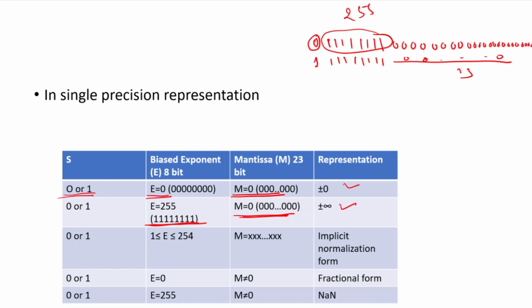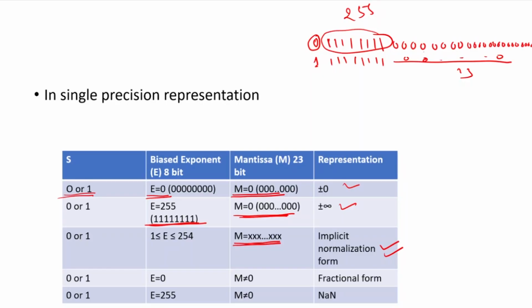Similarly, when the value of the exponent lies between 1 and 254, or any value in between, and m is non-zero, this is used for implicit normalization.